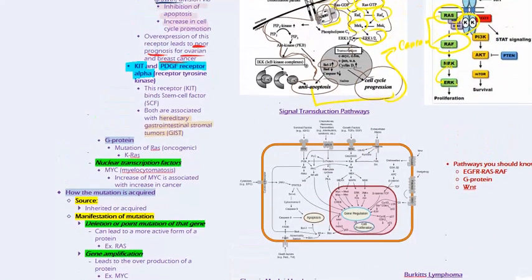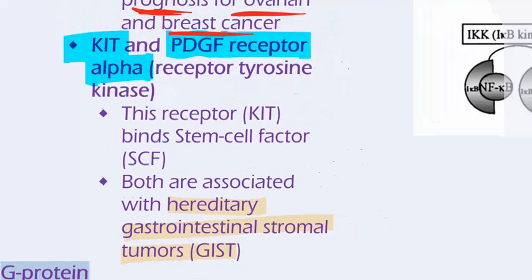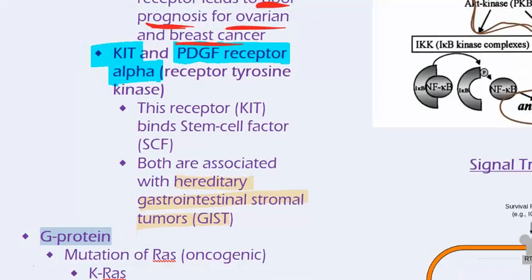So if you have a mutation in your KIT or your PDGF alpha, it's associated with hereditary gastrointestinal stromal tumors. The same way that there's a correlation with HER2 mutation in breast cancer, you can correlate KIT and PDGF receptor alpha mutations with hereditary gastrointestinal stromal tumors. So it's kind of a correlation thing, right? Did everyone get this?